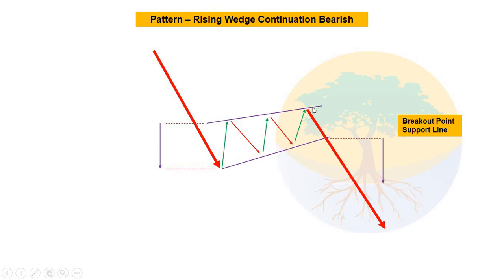If we extend these lines, they'll probably go all the way before they meet. However, wedges resolve much quicker before the lines are able to meet. Usually they take time, but once broken, they provide a good opportunity for price to move nicely to the downside.